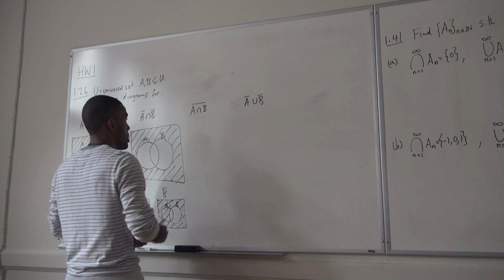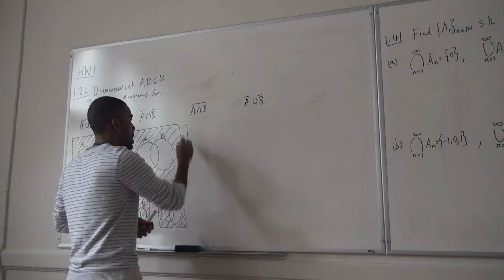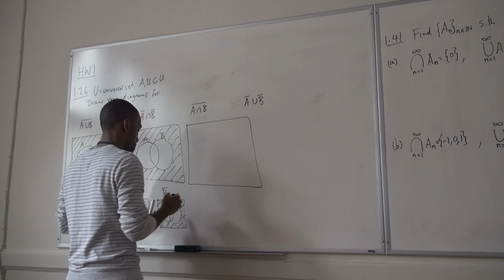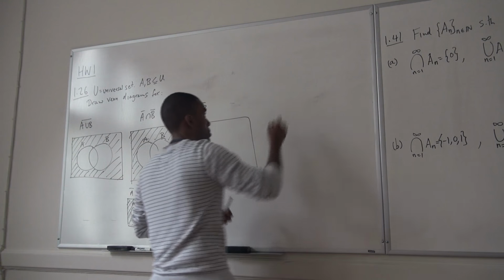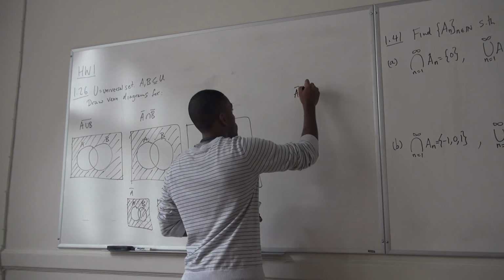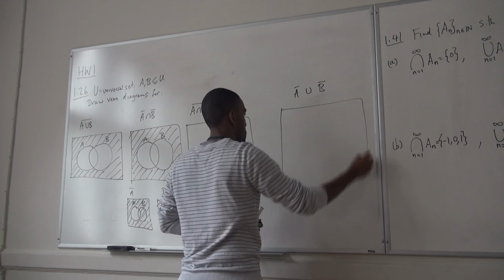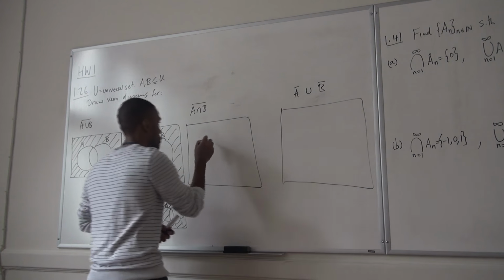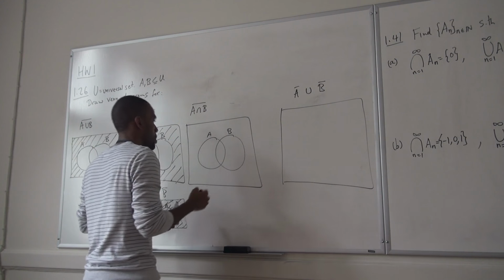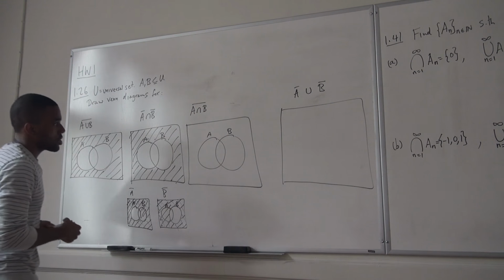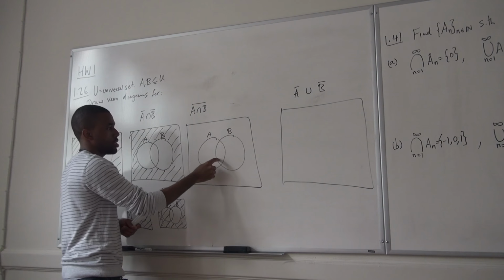What about A intersected with B, and then you take the complement of that? A, B. Okay, so what's the intersection of A and B? It will just be the guy in the middle here, the overlap.